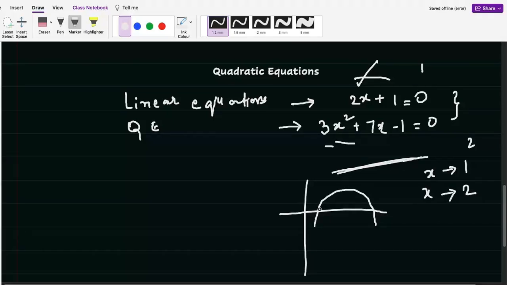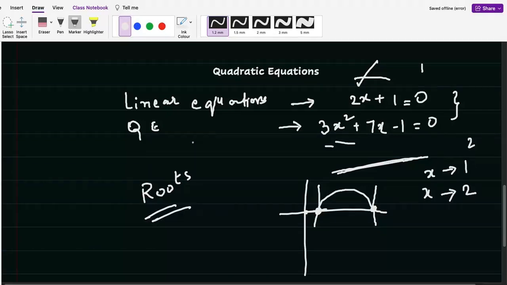Because this particular graph is cutting at two places, so it is satisfying two values of x, here and here. That's why you will always get two values of x, which are called the roots of the quadratic equation.